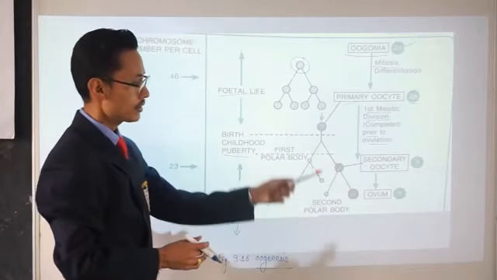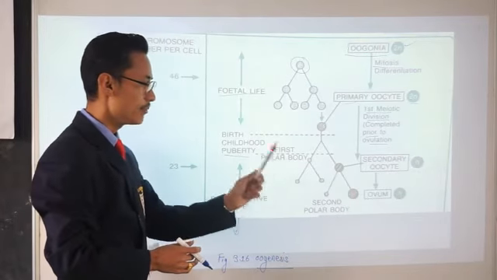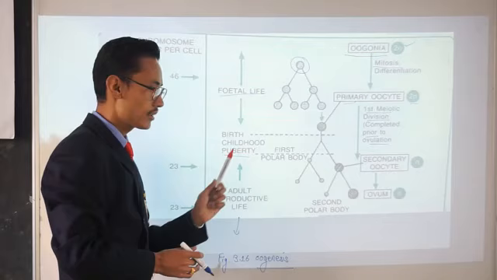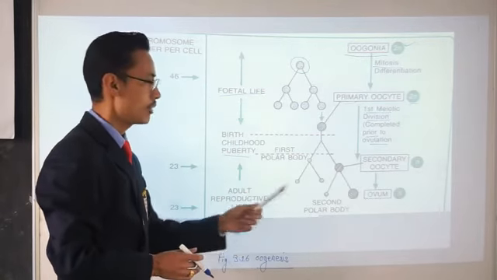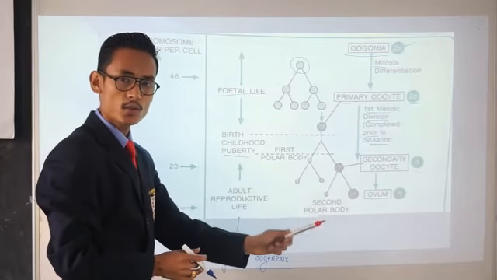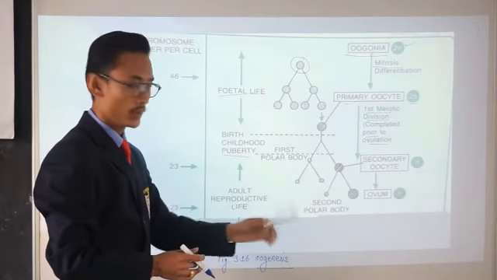Now the secondary oocyte will complete its second meiotic cell division once the sperm enters it to ensure fertilization, or else it will be arrested in the metaphase 2 of meiosis 2.